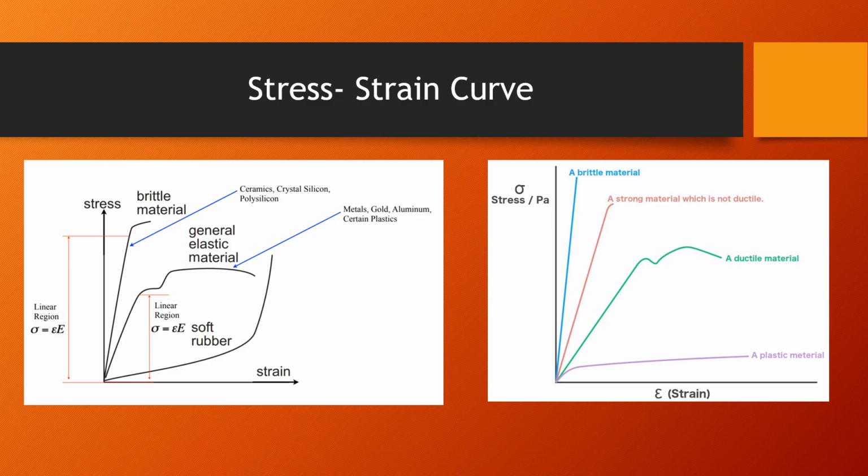And remember, you do not want your material to fail or your object to fail when it's in operation. So you always design for the yield strength of a material. If you know the yield strength of a material, you know that you can use that material in your operation for a certain period of time or under certain loads.